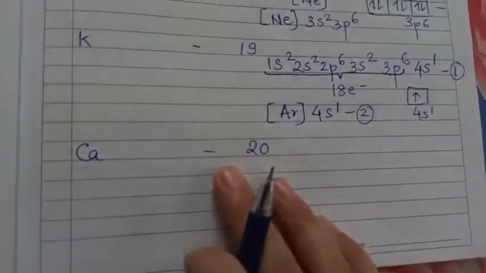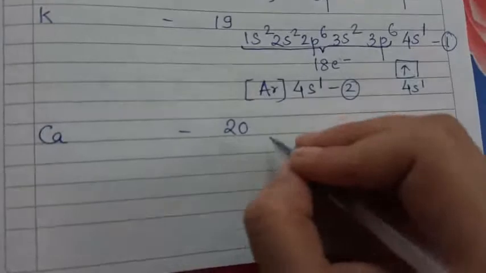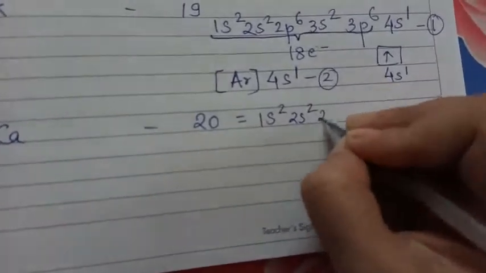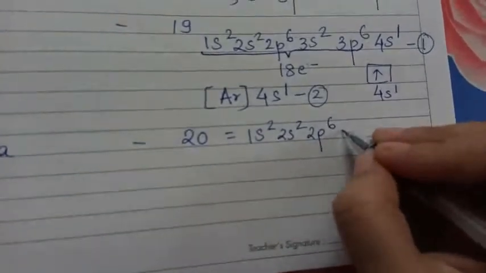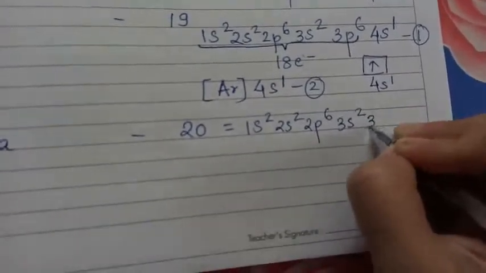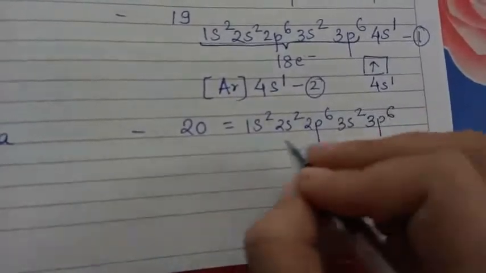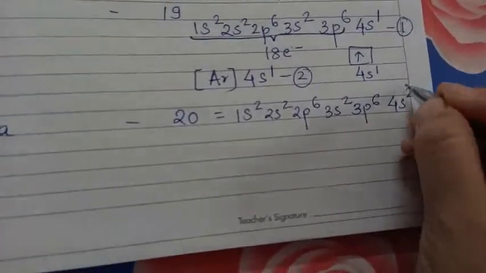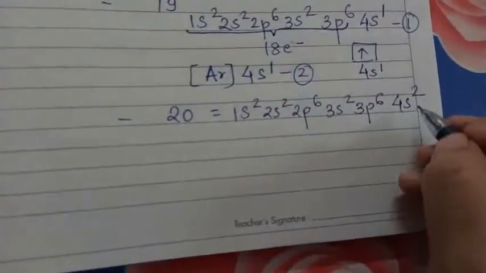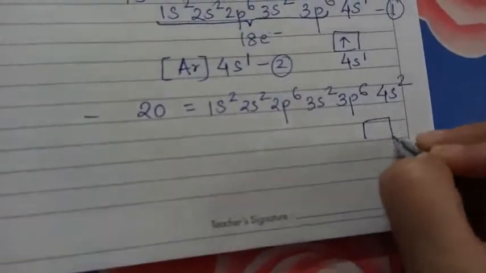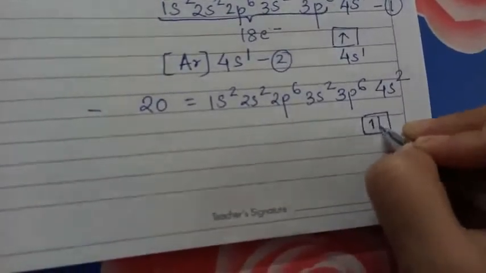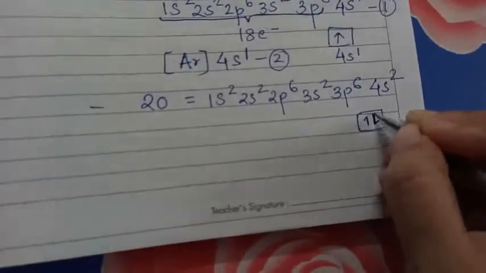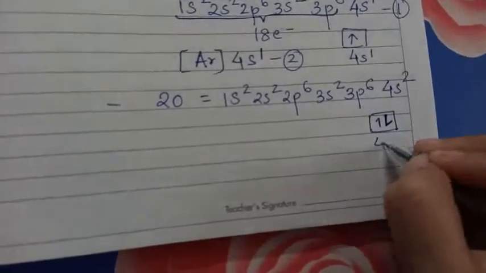Now comes calcium. So for calcium what will be the configuration? It will be 1s2, 2s2, 2p6, 10 electrons still here, then 3s2, then will come 3p6, so 18 till here, and then 4s2. So the 20th electron of calcium is filled in 4s. So we will draw it like this, 4s2. So this is the last one, the 20th electron of calcium is filled here in 4s.